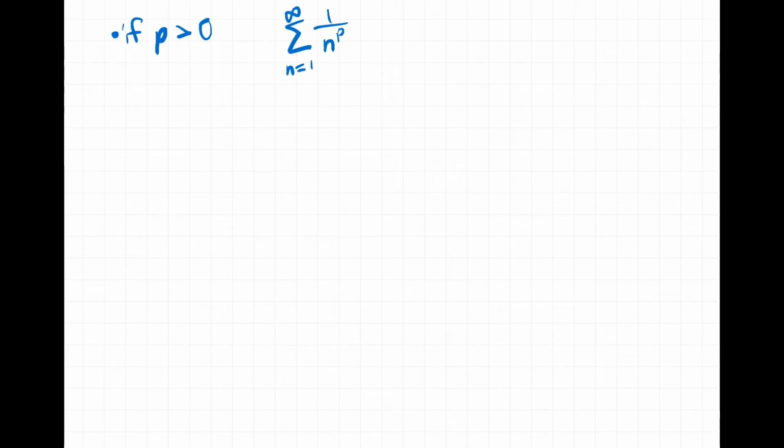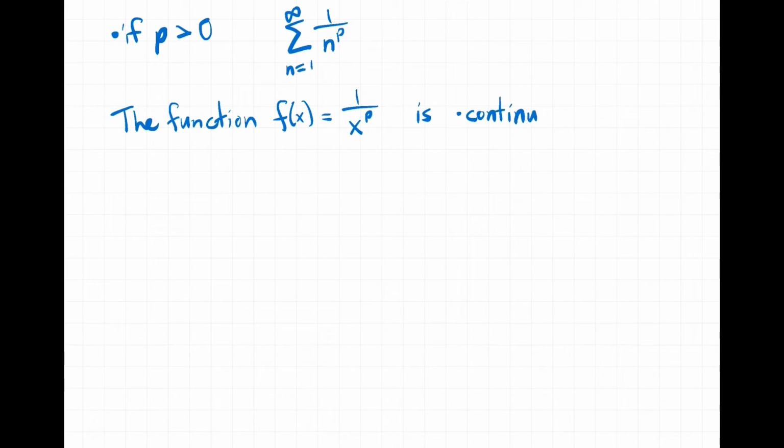So let's note the function f of x equals 1 over x to the p power, where p is positive. This is a function that is continuous. It'll be continuous everywhere except when x equals 0.